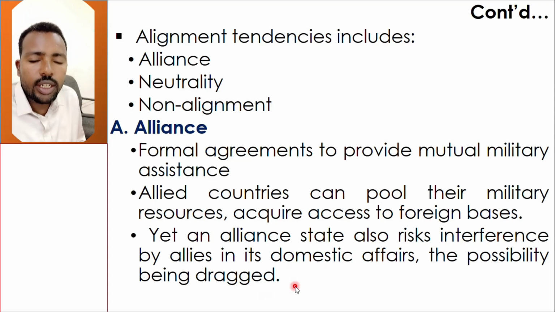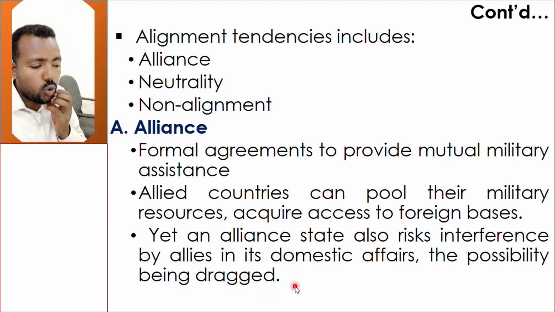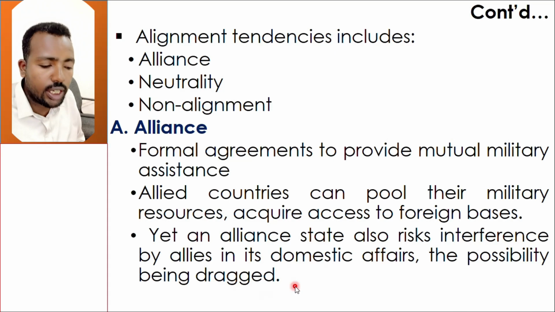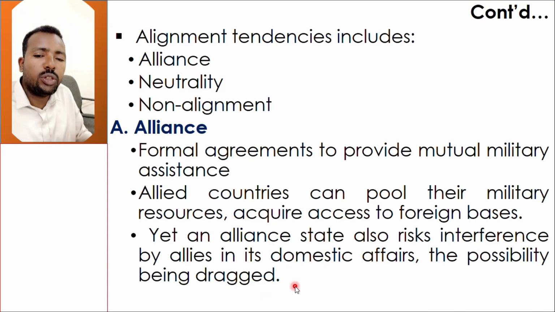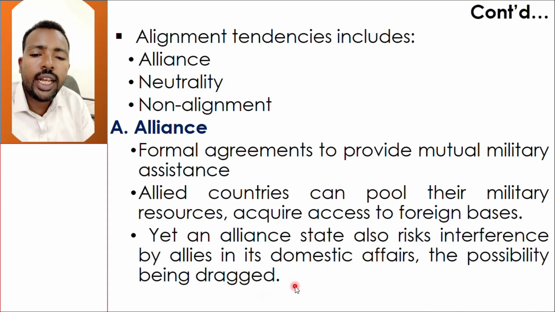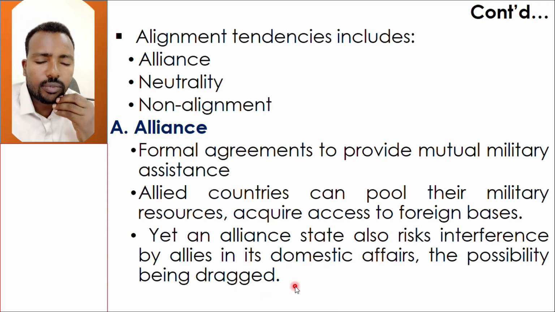Because when you are signing on to an alliance or collective military security, this would be an instrument and a case for interference in the domestic politics of that particular country by the group members in that alliance. And this would have the possibility to drag the country to act in a way that it does not like or want to act.